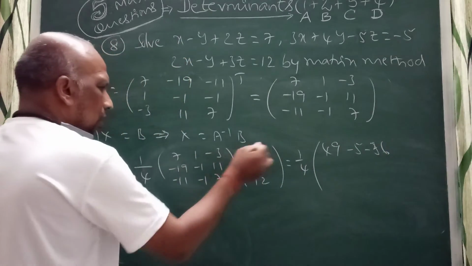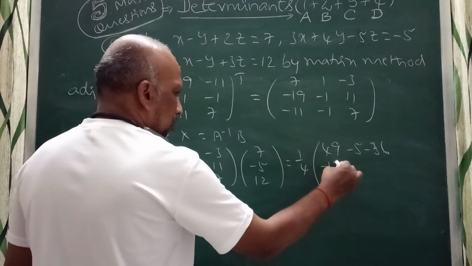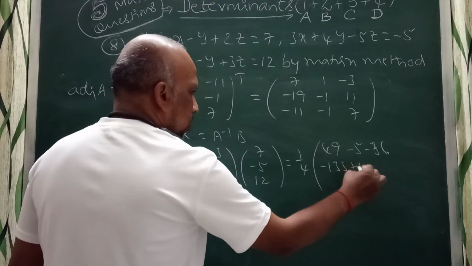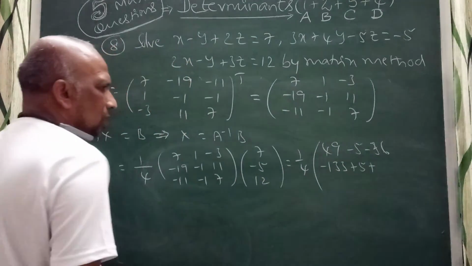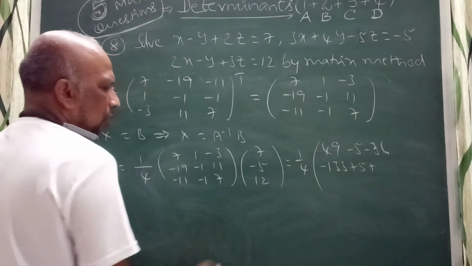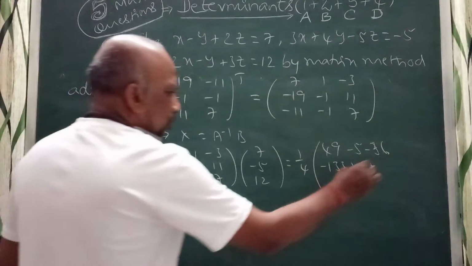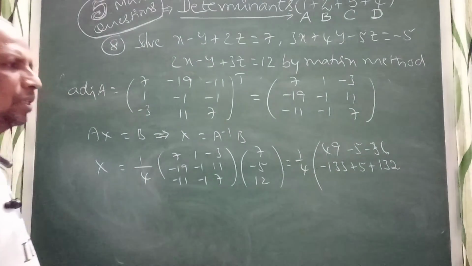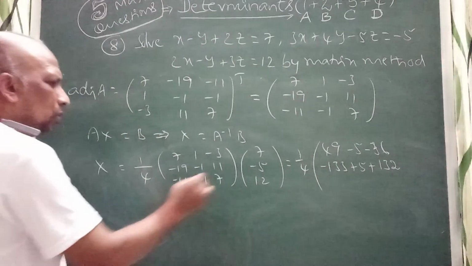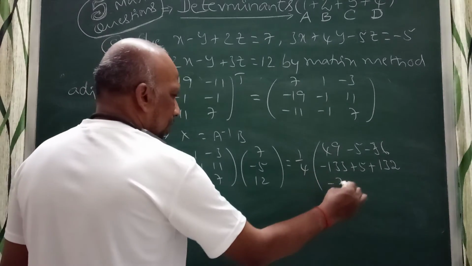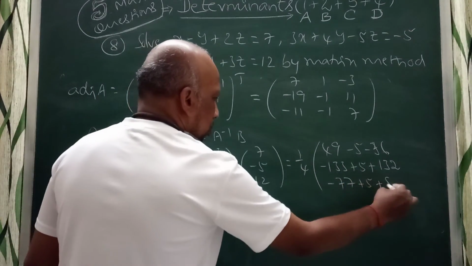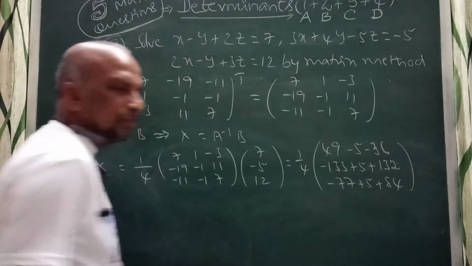Next this one minus 133, this is plus 5, plus you can see this one you will get 120. You will get 132. Correct. Next you can see this one minus 77 plus 5 plus 84.